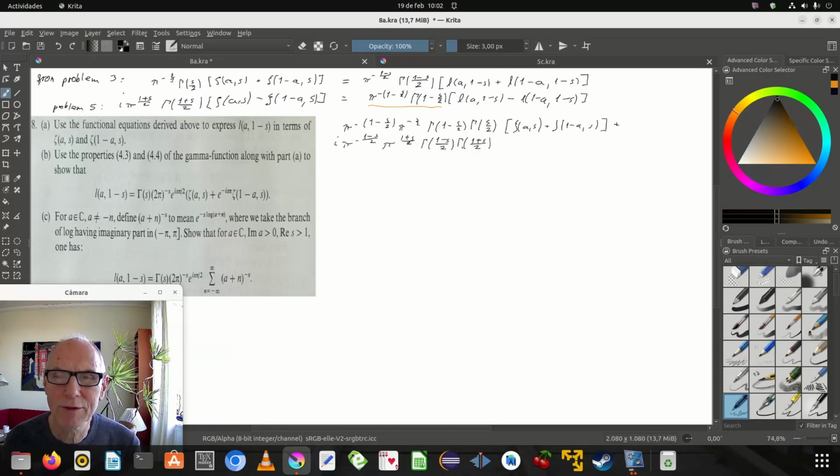That is 1 minus this gives this, here's the same possibility. And then the product of these two. Maybe we should write that as minus 1 plus s halves.